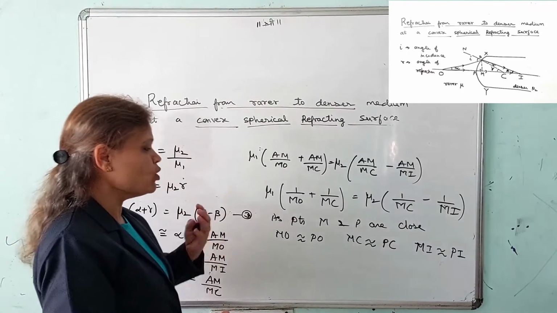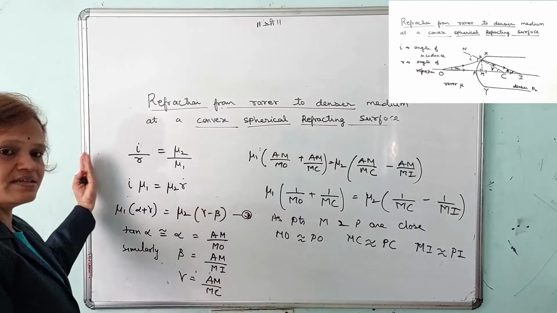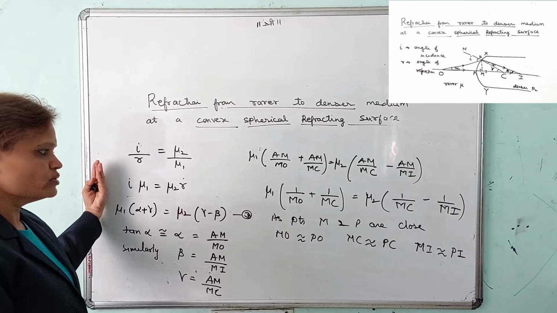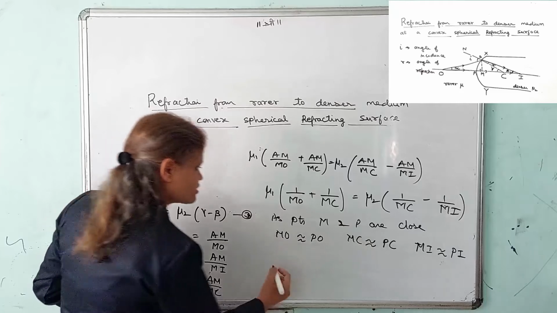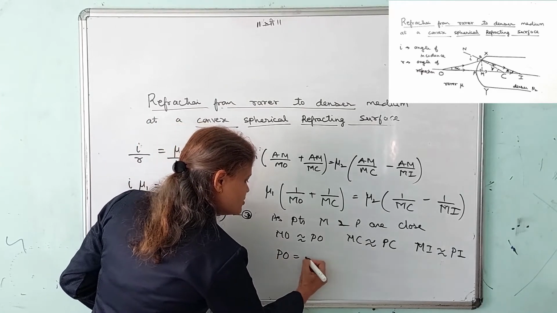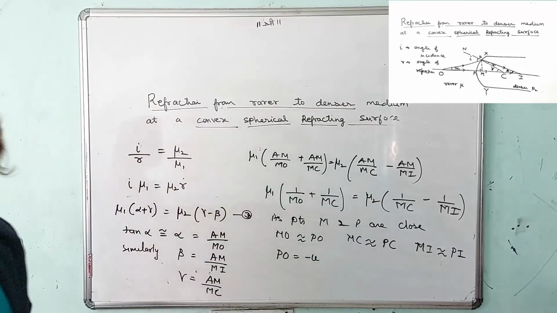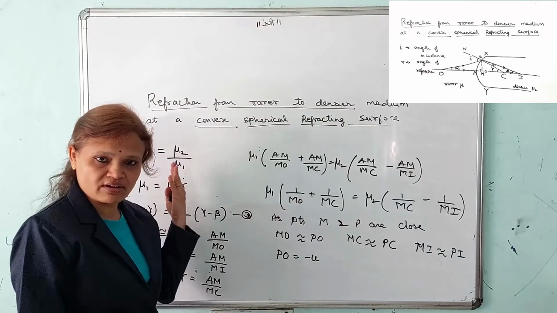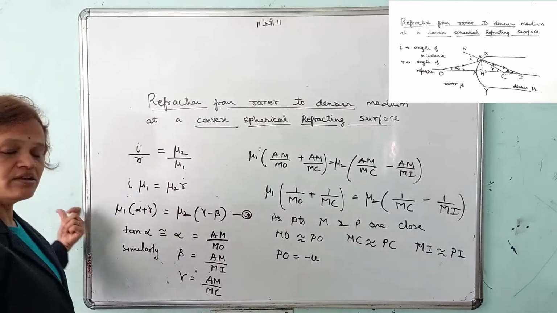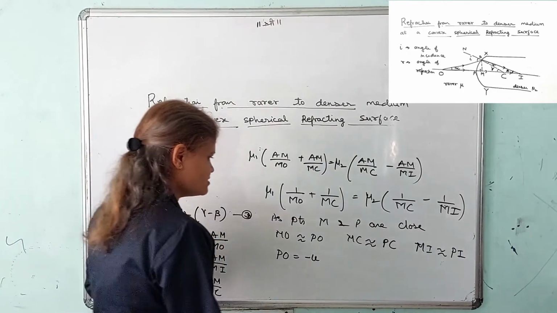So if you see the PO distance in the ray diagram is on this left side, so that is negative, and it is the object distance, as O is the object. So PO will be minus u. PO is the object distance, negative because it is to the left side. We consider the negative x-axis as negative distances.